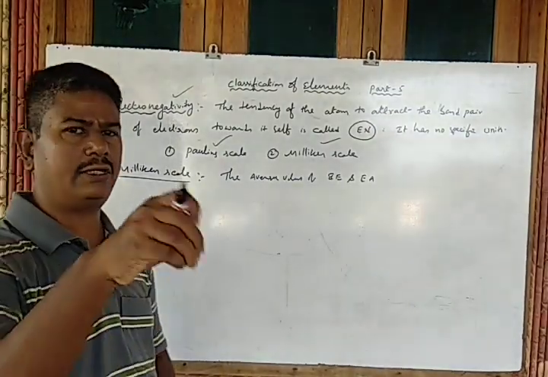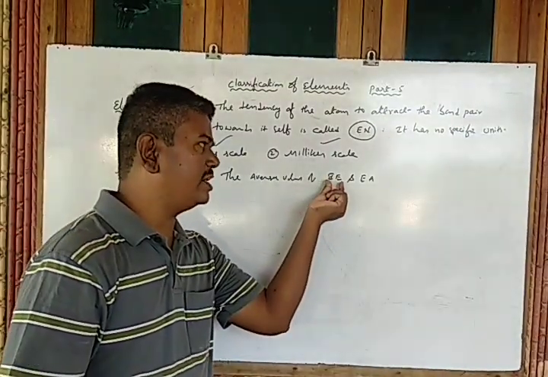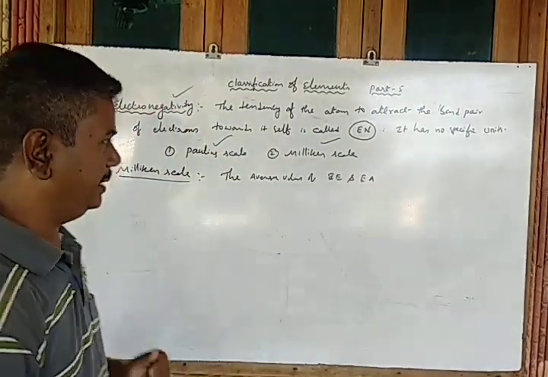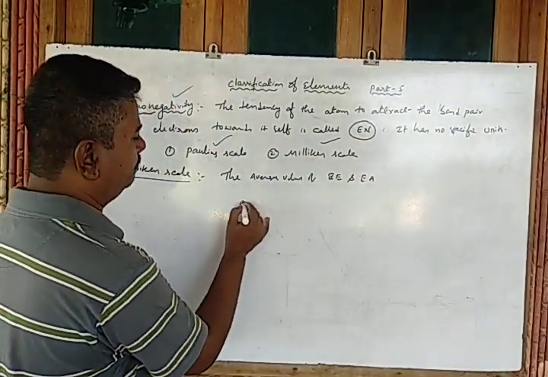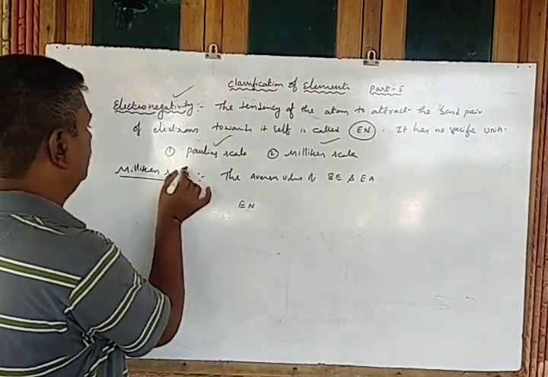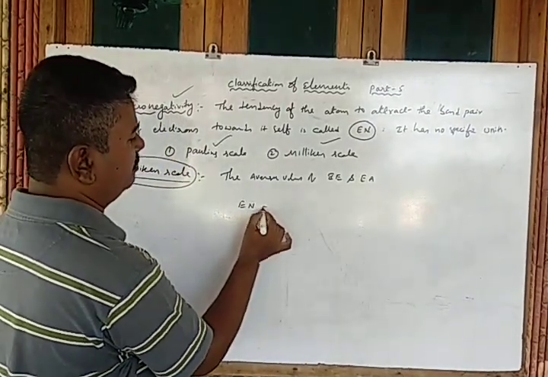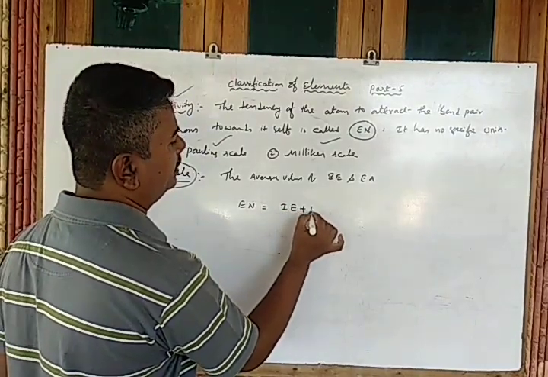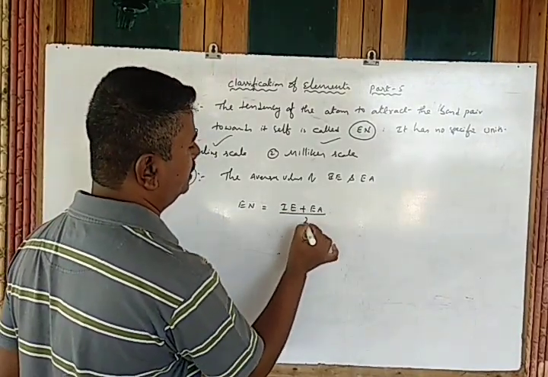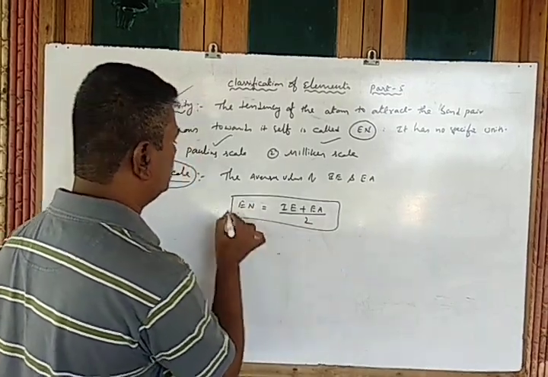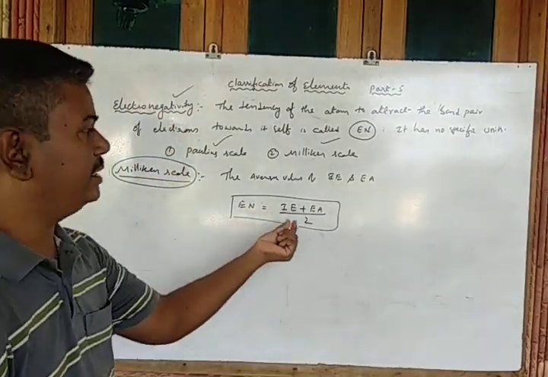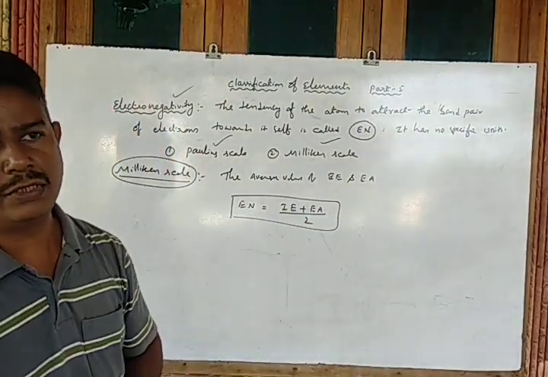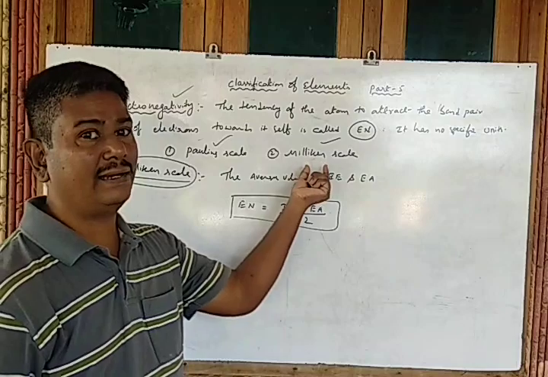The average of the ionization potential of the element and the electron affinity of the element. So the electronegativity values according to the Mulliken scale are defined as the average of ionization energy and electron affinity divided by 2. So when you substitute the values of each element, we get the electronegativity values. So this is the Mulliken scale.